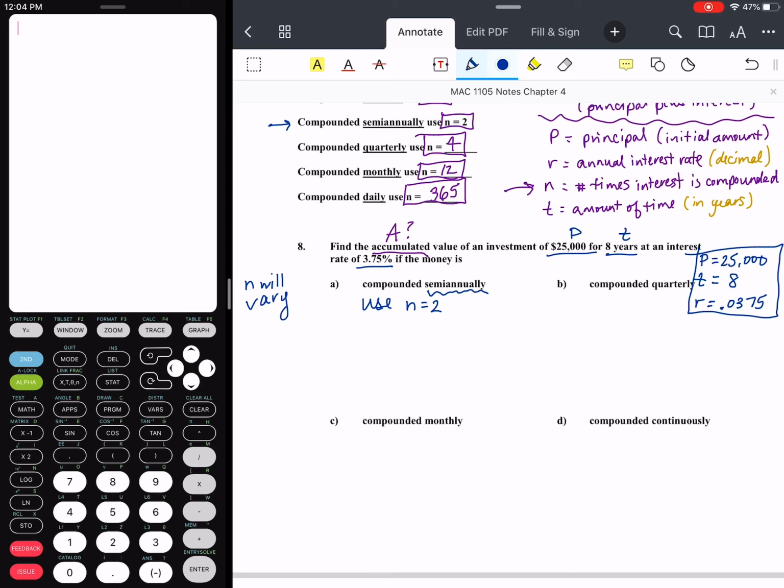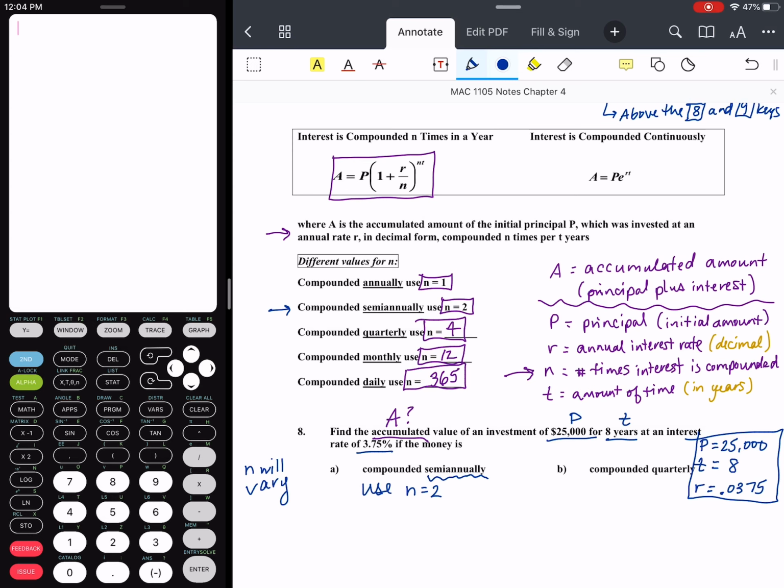So in this example, we're basically just going to type this straight into our calculator exactly as this formula is printed, okay? I'm going to start off by typing 25,000 for P, so A equals 25,000 for P. Then I have parentheses, above my 8 key, parentheses 1 plus 0.0375 divided by n, so divided by 2, close my parentheses, and then I'm going to raise this to the power n times t.